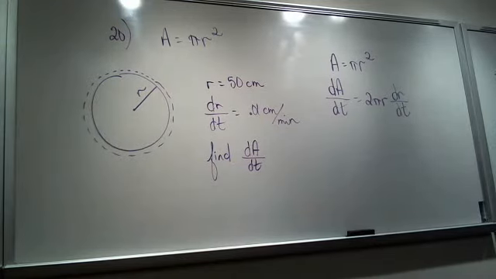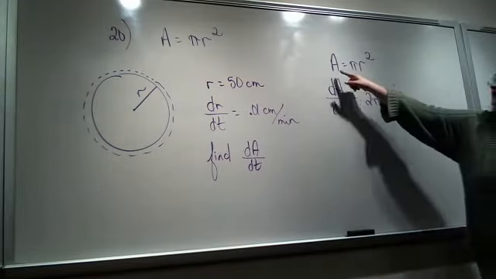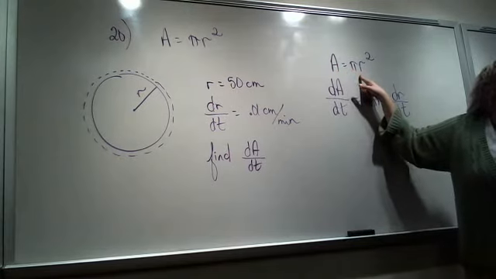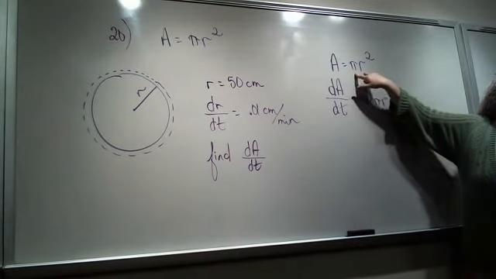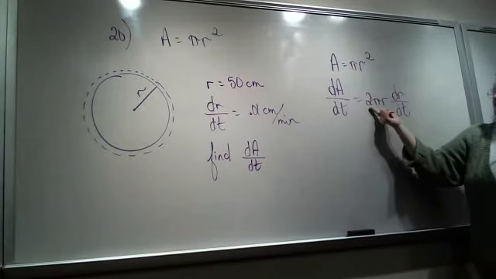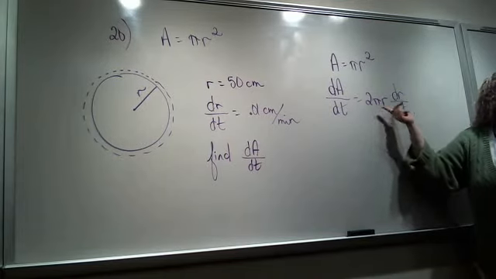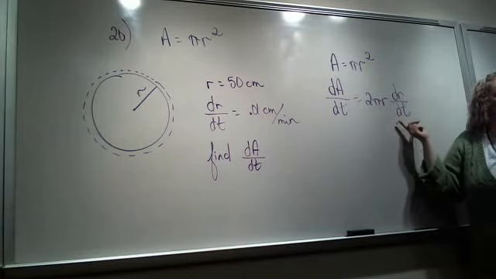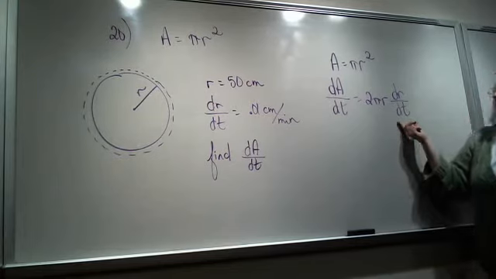So the derivative of area, the rate at which the area changes with respect to time, is dA/dt. And that's equal to, because if we differentiate the left side, we have to differentiate the right side as well. Taking the derivative of this also with respect to time produces 2 pi r times how fast that radius is changing with respect to time.